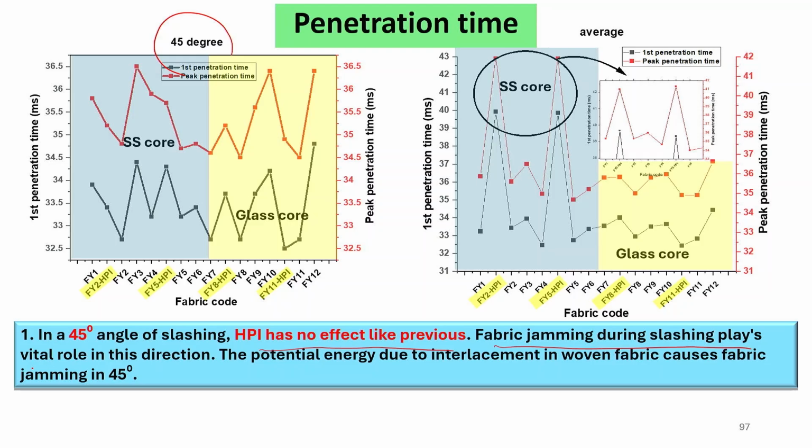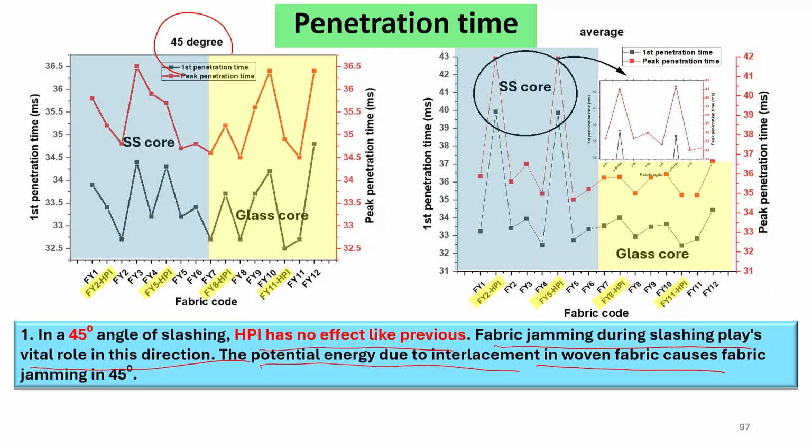So, here fabric jamming actually takes place, and that is basically dominating here. Potential energy due to the interlacement of woven fabric causes the fabric jamming at 45-degree.